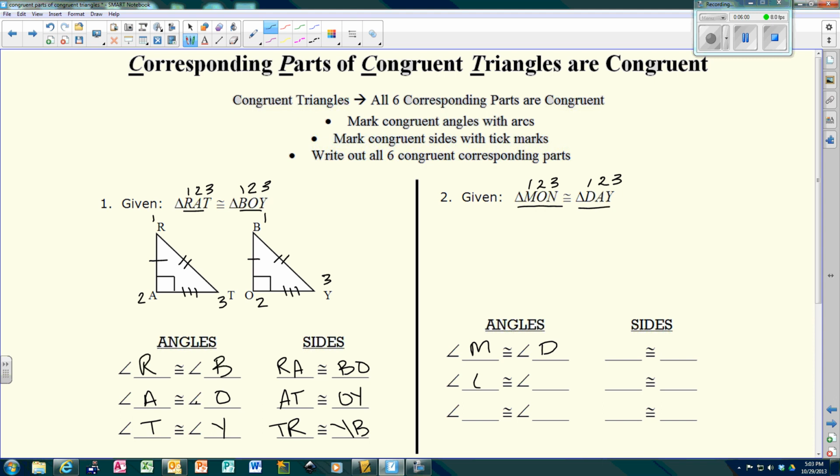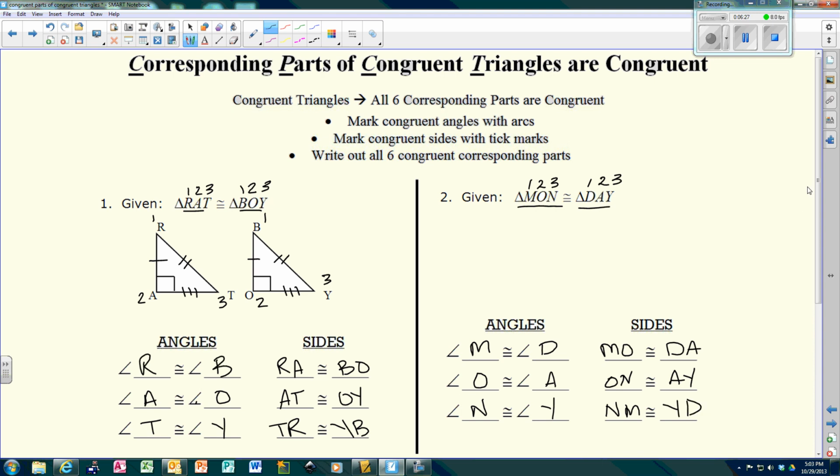So now angle O is congruent to angle A. Angle N is congruent to angle Y. So my 1's, my 2's, and my 3's. So now 1, 2, MO, DA. 2, 3, ON, AY. And 3, 1 would be NM, 3, 1, YD.